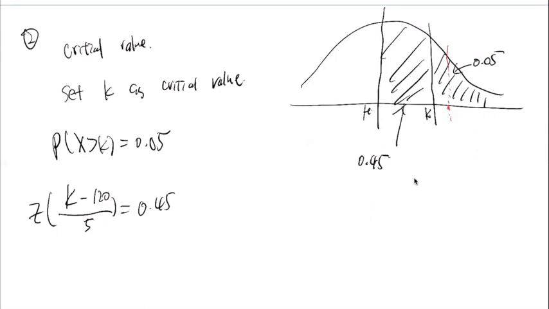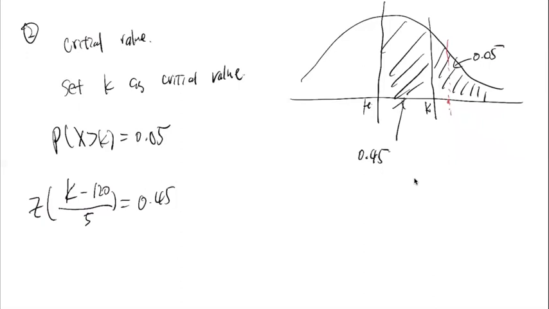We look at the z table and find which value, if we input it into the z-score function, will end up giving us 0.45. After checking, it is 1.65.